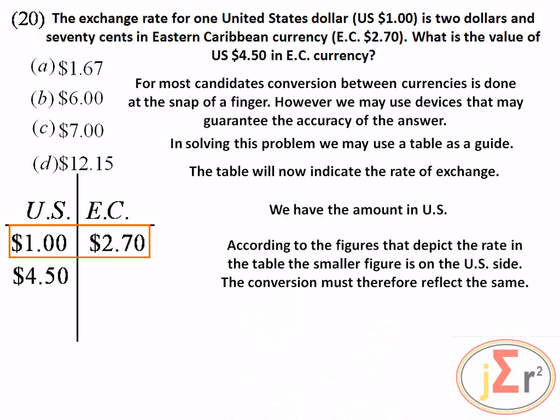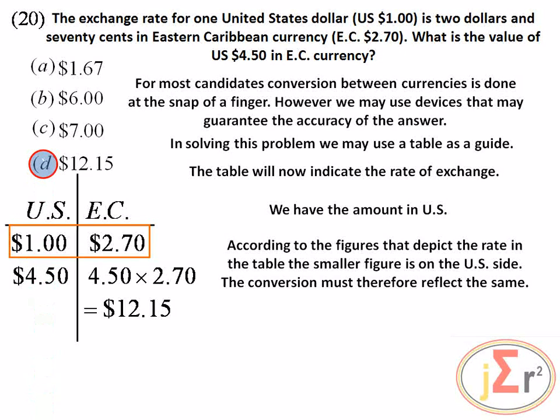The conversion must therefore reflect the same. So when we convert this to EC, the answer that we arrive at on this side is larger, or should be larger, than the one that we have right there. Just being consistent with the table.